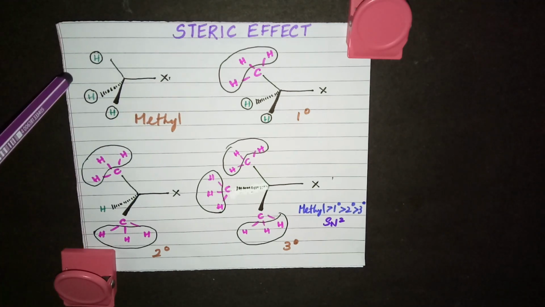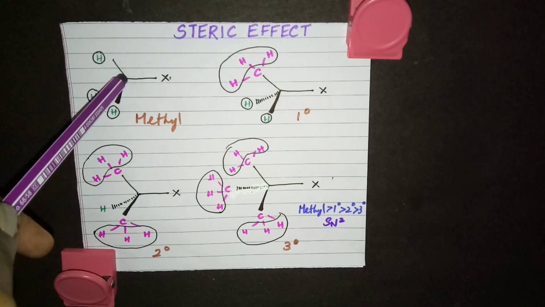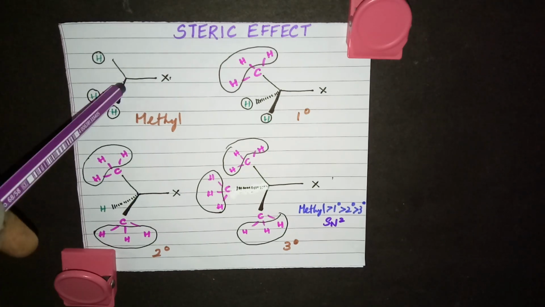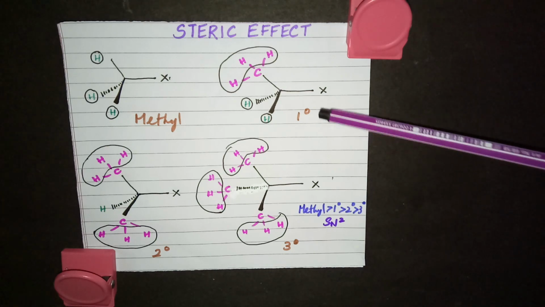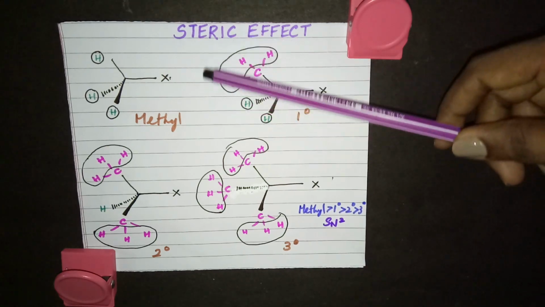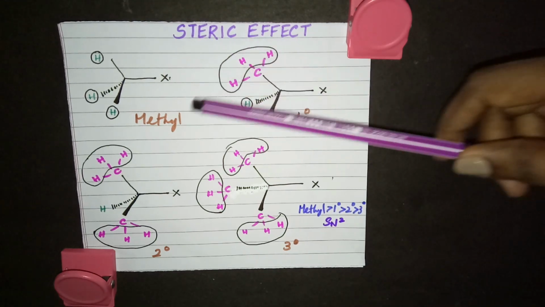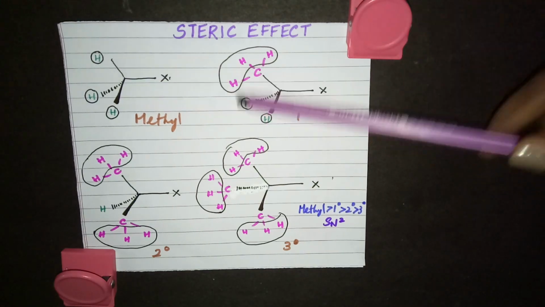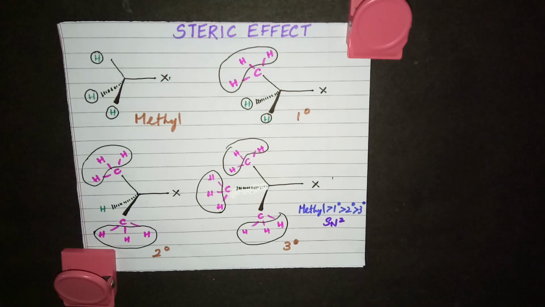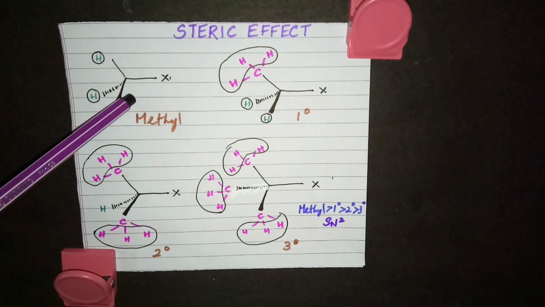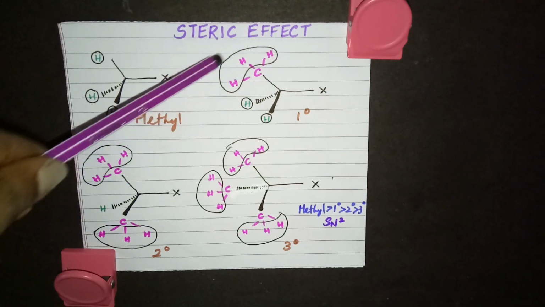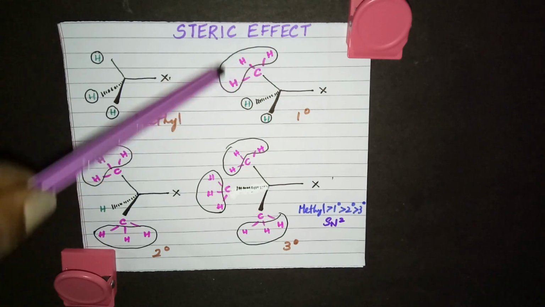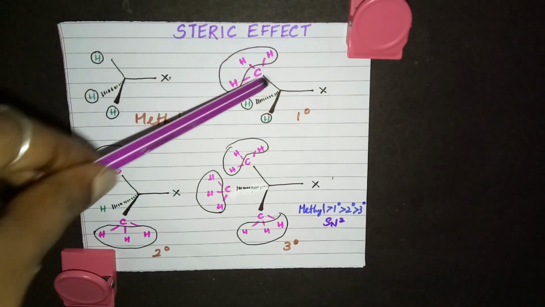So when OH minus is coming from this side, it will be easy for it to attack the carbon. Now look here. Here you have a very bulky CH3, a big one. Now the nucleophile is coming here. Among this and this, which one will be easier for the nucleophile to attack? This one, because here you have steric effect, which means the strain this offers to the incoming nucleophile. We call that steric effect.